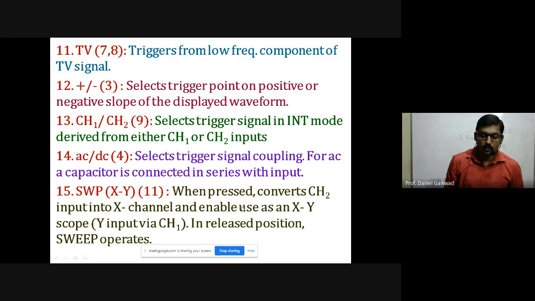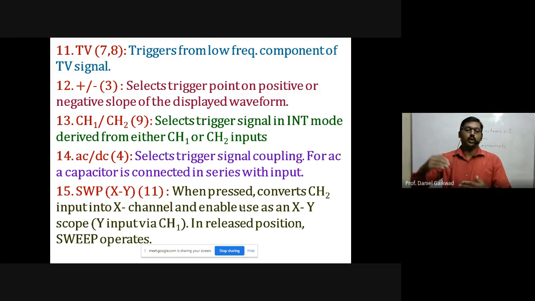So channel number 1 is given to vertical, and channel number 2, if the button is pressed, when this number 11 key is pressed, converts the input into X channel. So channel 2 acts as input to the X channel.